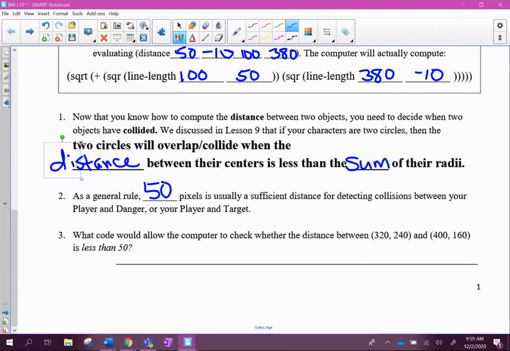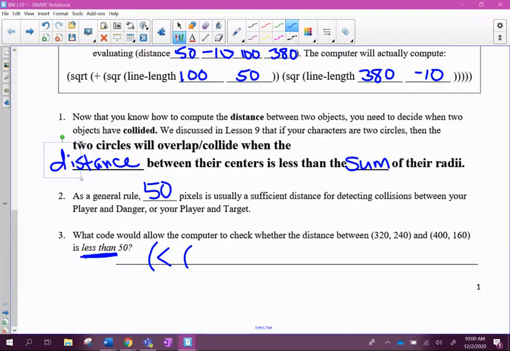So number 3 here says, what code would allow the computer to check whether the distance between the points 320, 240 and 400, 160 is less than 50? So the key here is less than. That's our function. So when we write the code, this is going to be the less than function.